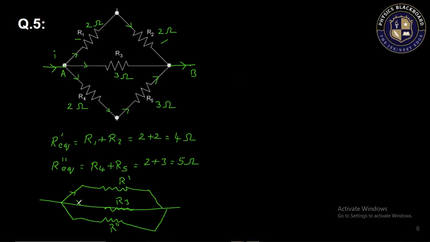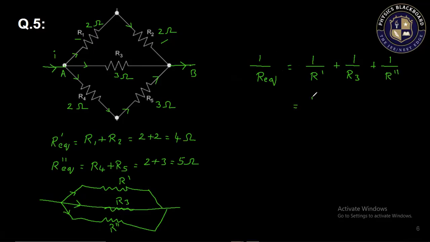Now you can see that the current is dividing across these three: R dash, R3, and R double dash. So these three are in parallel connection now. Finally, 1 by R equivalent is equal to 1 by R dash plus 1 by R3 plus 1 by R double dash.